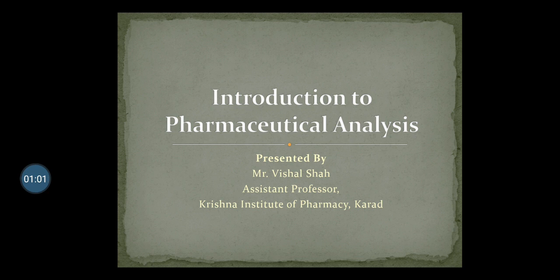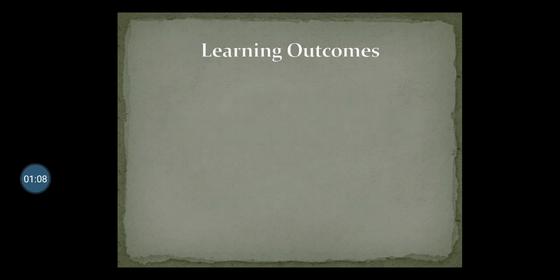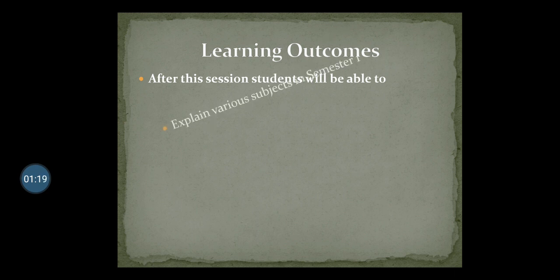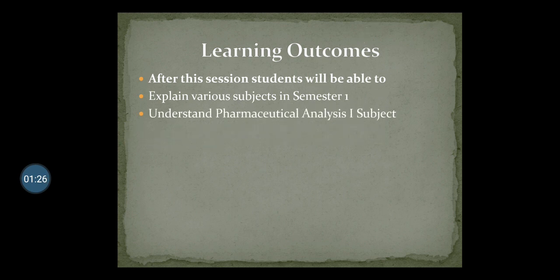Similar to our previous lecture, before proceeding, let us see the learning outcomes of this session. After this session, students will be able to explain various subjects present in semester 1, understand the pharmaceutical analysis 1 subject, and explain various chapters in pharmaceutical analysis 1.